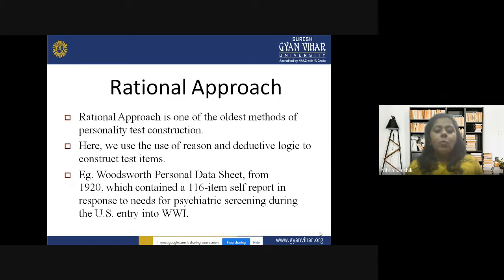Example, Woodworth Personal Data Sheet from 1920, which contained 116 items, self-reported responses to need for psychiatric screening during the US entry into World War One.